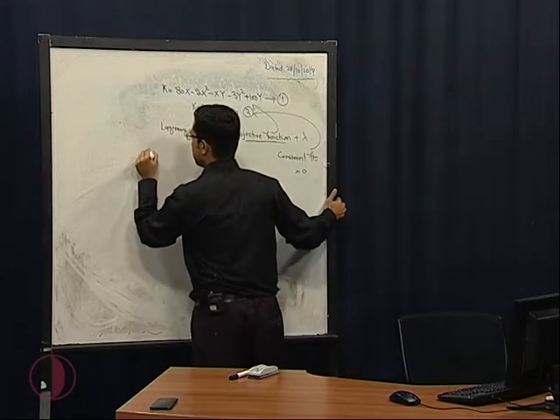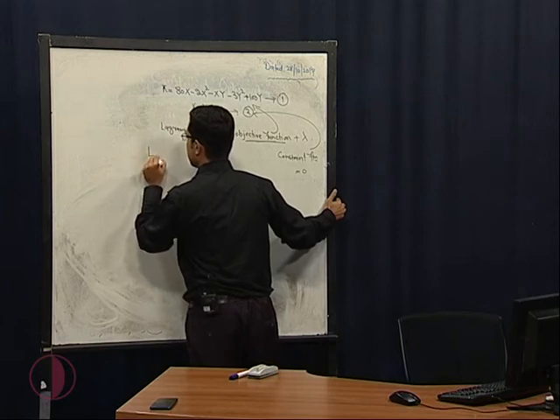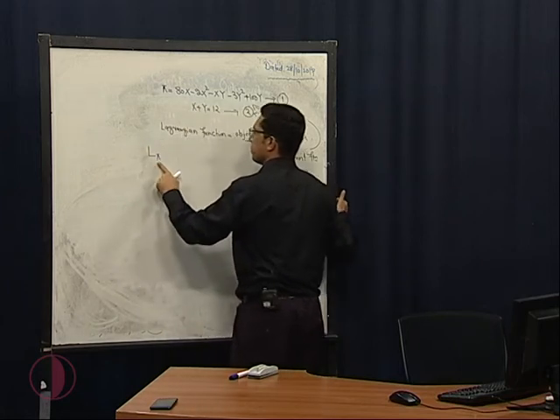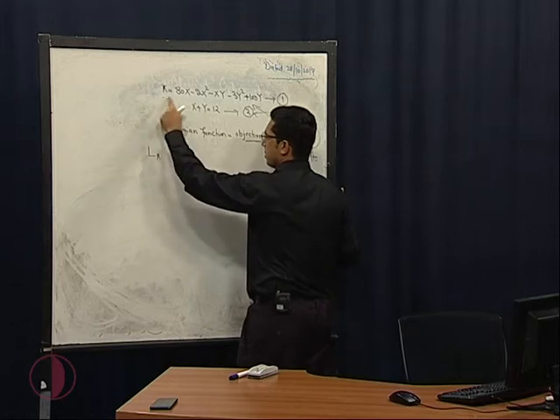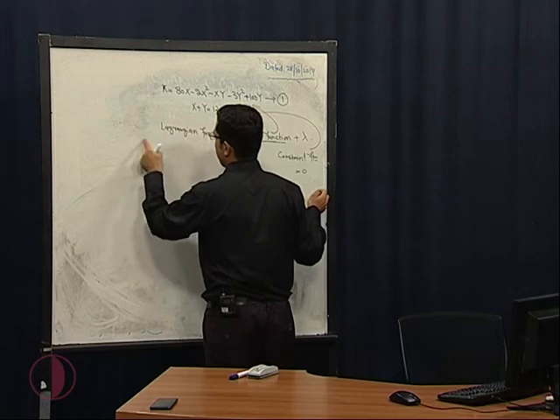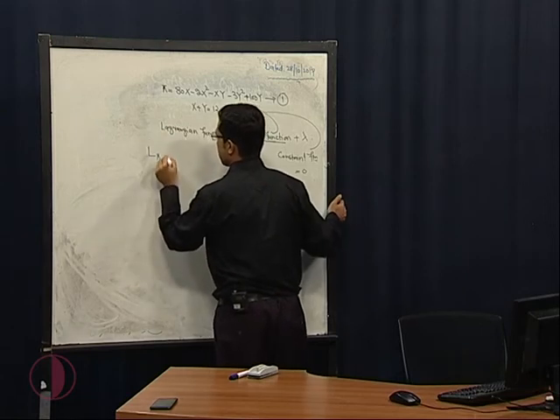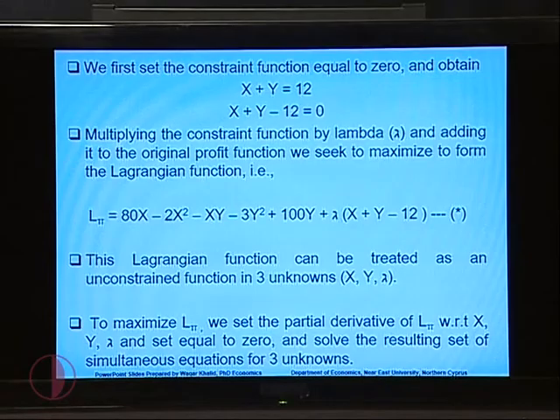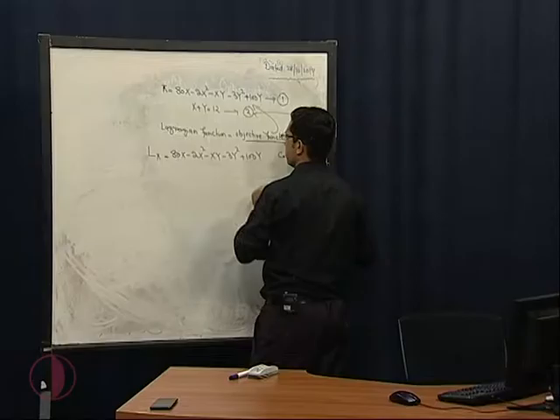I will use the symbol L pi. Pi stands for the profit function and L means Lagrangian. So, L pi means the Lagrangian function. This is equal to 80x minus 2x square minus xy minus 3y square plus 100y.